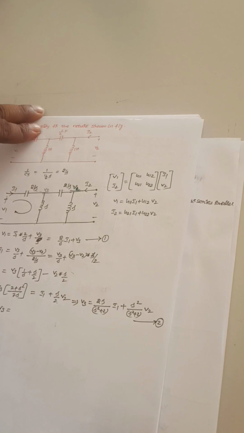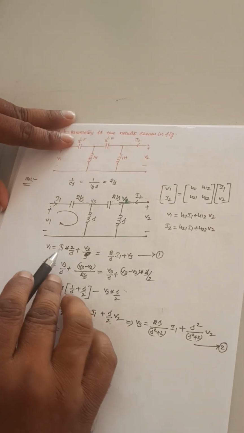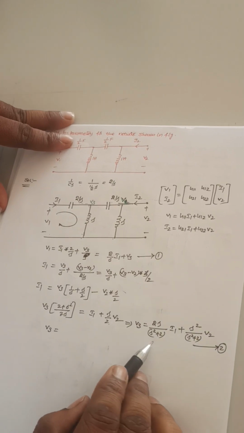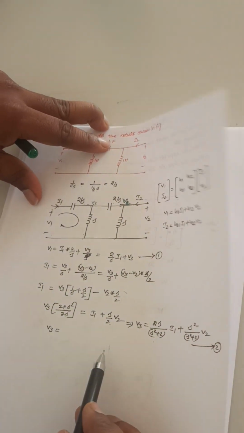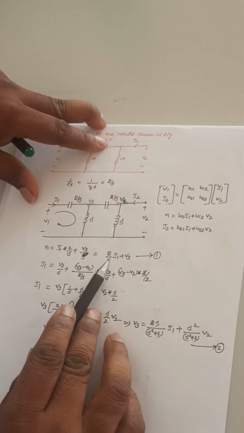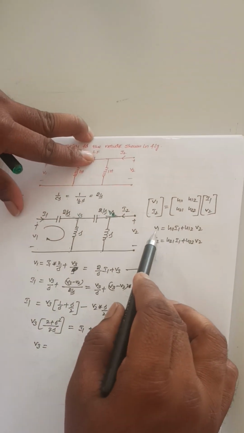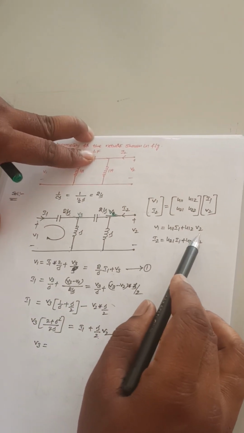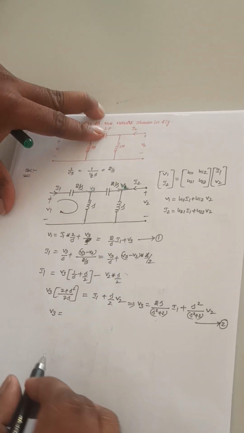Now from the first equation and second equation, if I substitute this V3 value in this expression, the total expression will become in terms of V1, I1 and V2. I need to write V1 in terms of I1 and V2. Because of that reason, I am substituting this V3 in equation number 1.